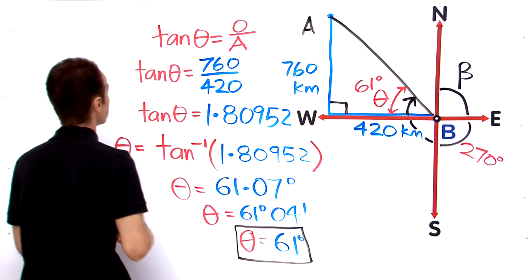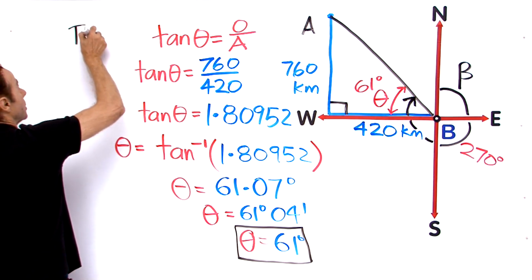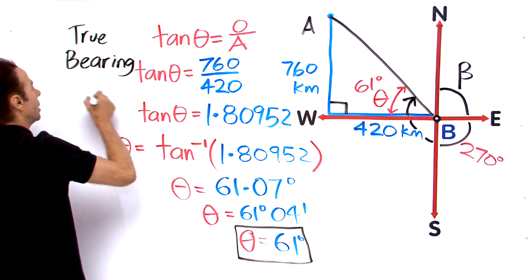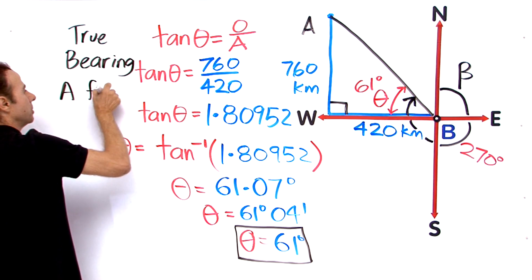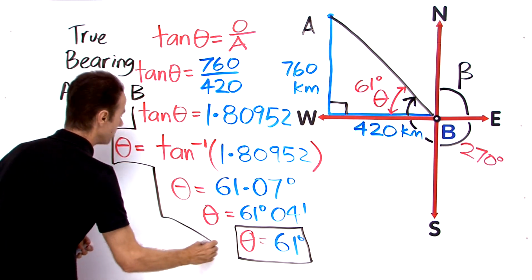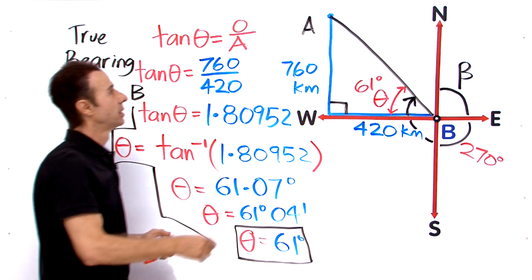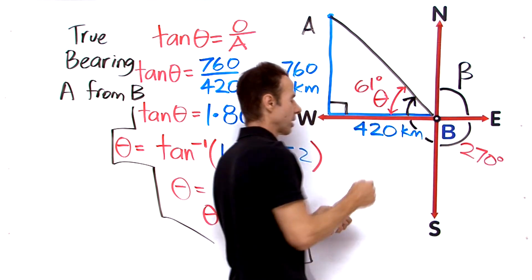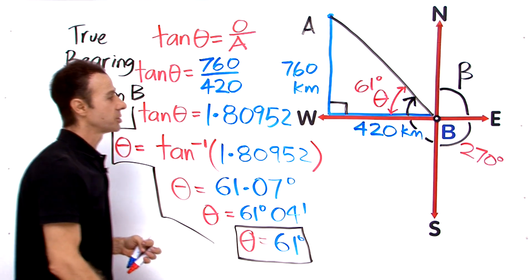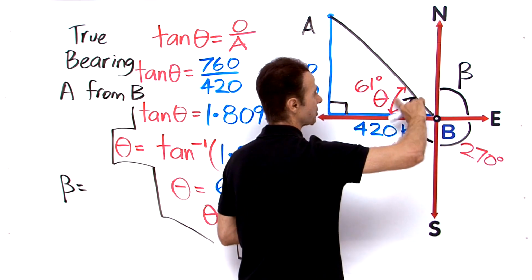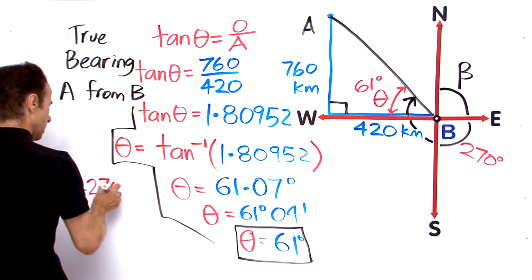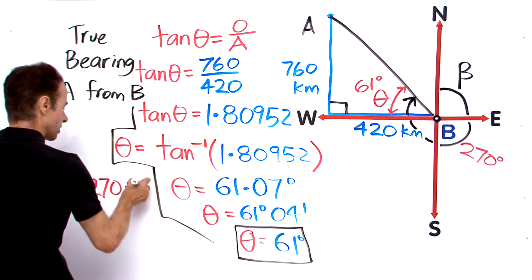So beta, true bearing of A from B. Let me just put a border there. So true bearing of A from B is beta all the way across there. So beta equals 270 plus theta, and theta is 61. 270 plus 61.